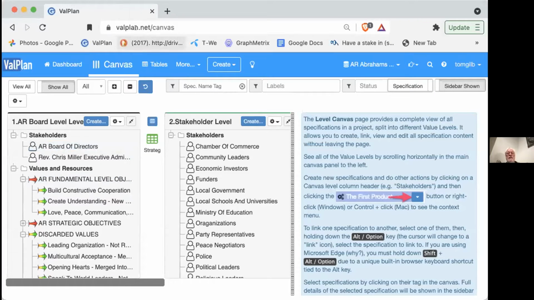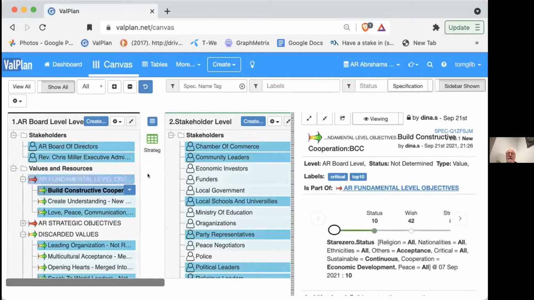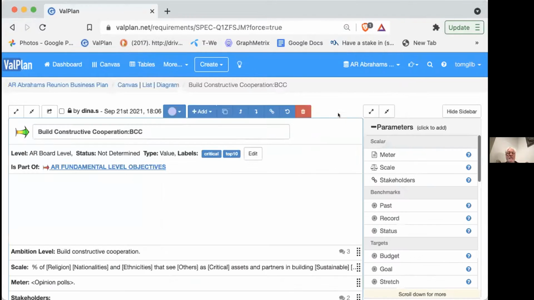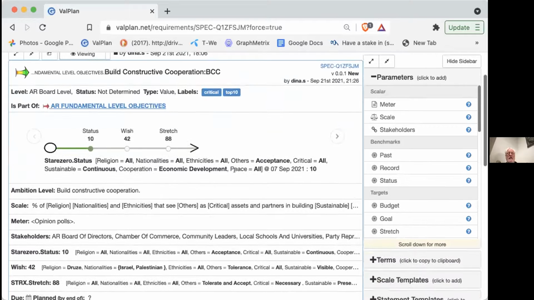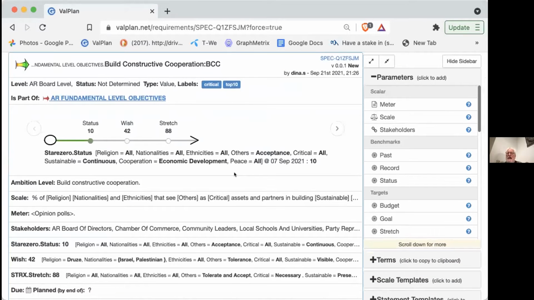Okay, so let me introduce to you valplan.net, an app to do these things. Okay, and let me show you. We're actually working on a Holy Land peace process, no less. And here is constructive cooperation amongst different religions and things like that.